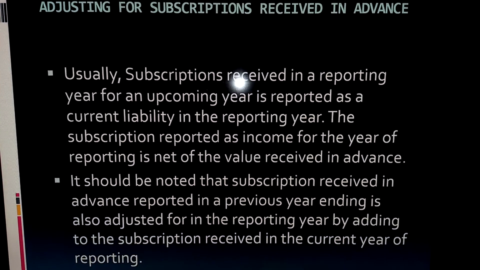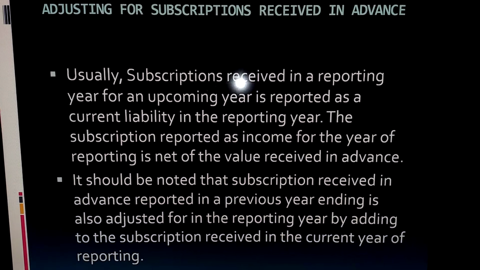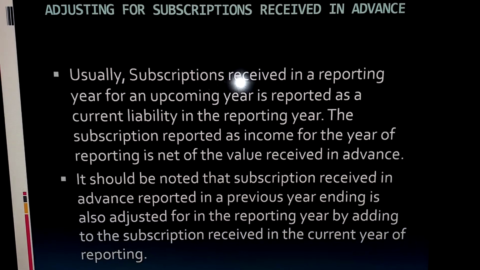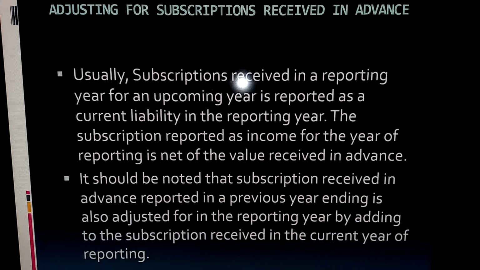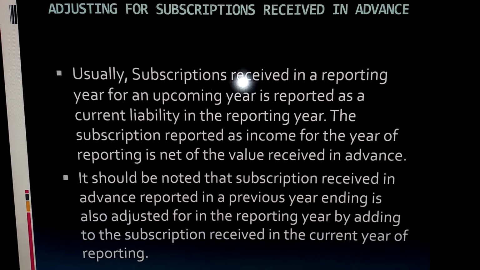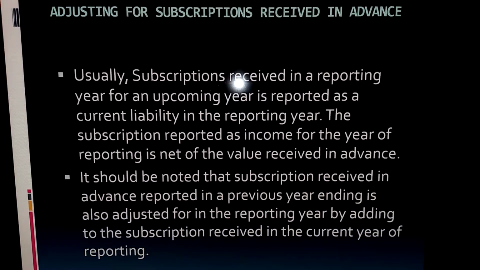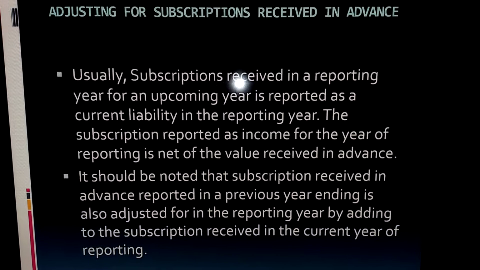It is also possible that you have what we call subscription received in advance in the previous year ending. We have established that the subscription that you record for the income statement in the year of reporting will be net of the one you received in advance.